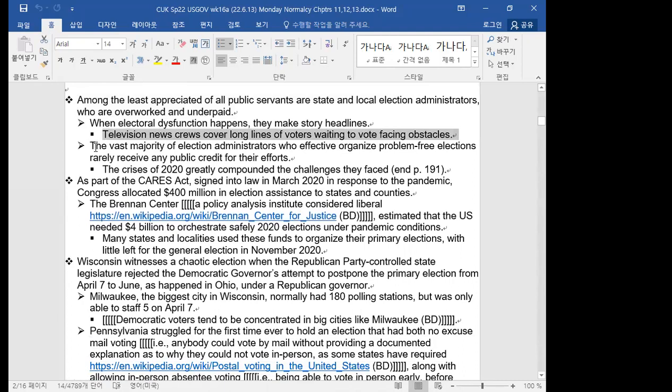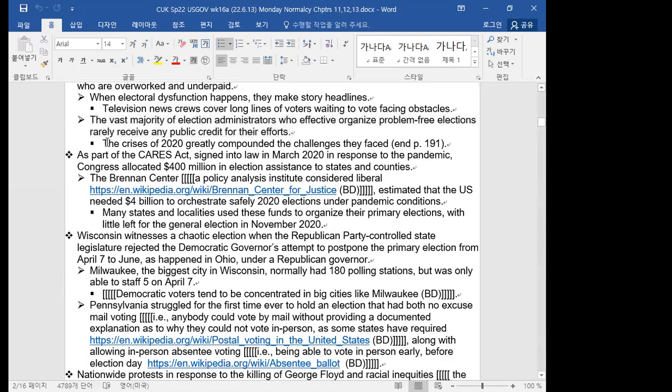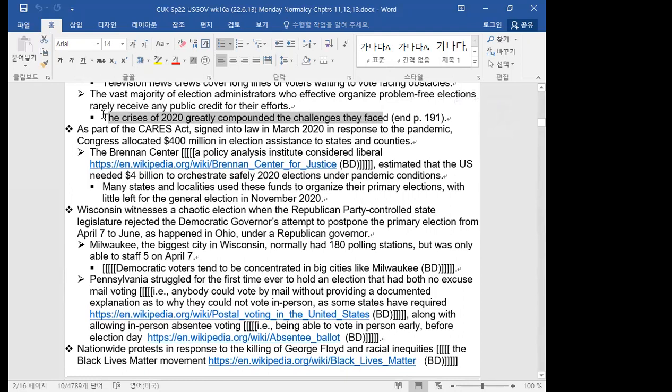The vast majority of election administrators who effectively organize problem-free elections rarely receive any public credit for their efforts. And the crises of 2020 greatly compounded the challenges they faced. So as part of the COVID Response Act, signed into law in March 2020 in response to the pandemic, Congress allocated $400 million in election assistance to states and counties.